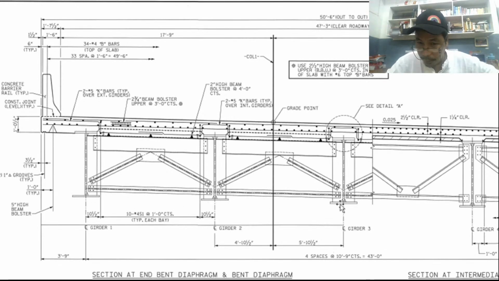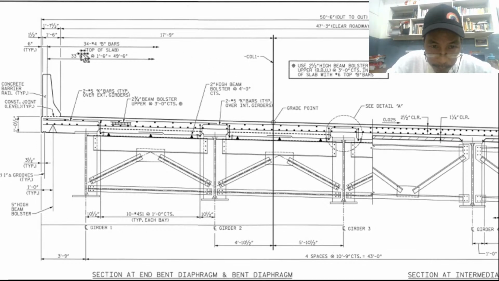The column cap or the pier cap. We have a pier cap here going this way to support these steel plates, and then the pier is actually directly on this line. Okay? And on the other side, it is also the same.